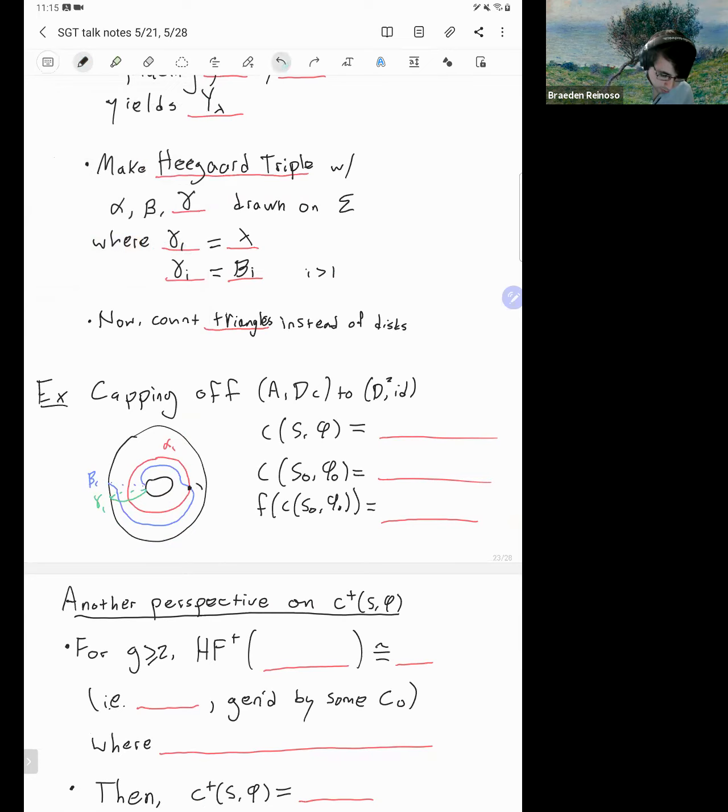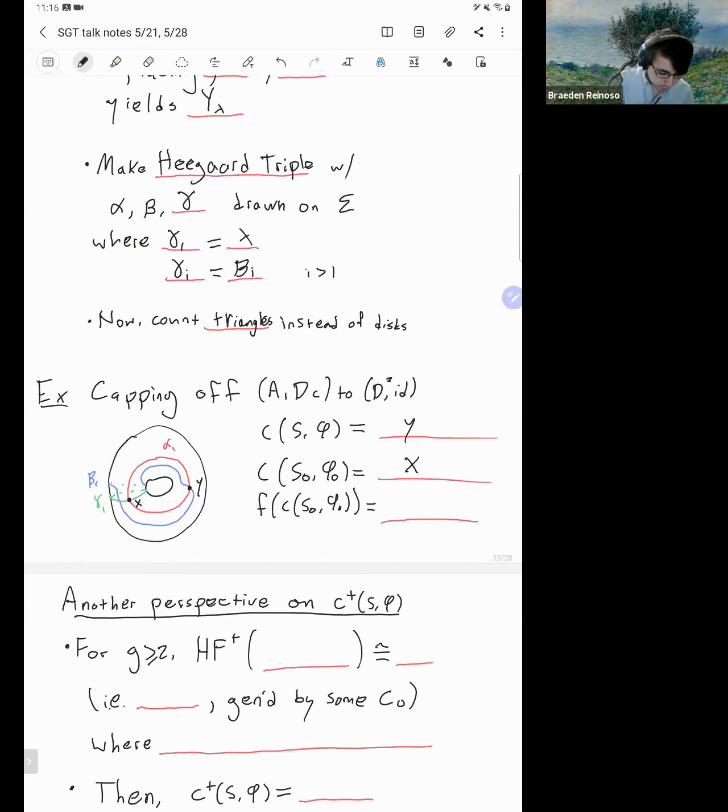We'll call this one y here, and this one over here will be x. The contact class of the original open book is our y, and the contact class of our capped off open book is our x. To see where the contact class of the capped off open book goes under this map, we need to count triangles.